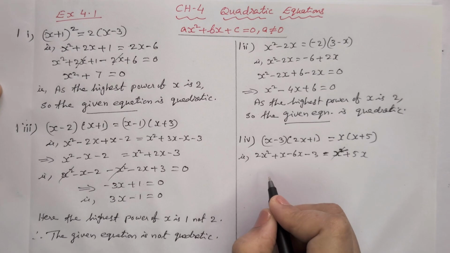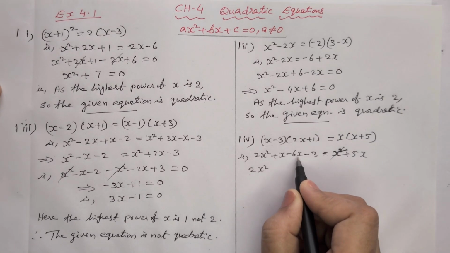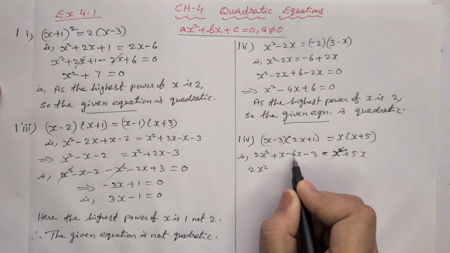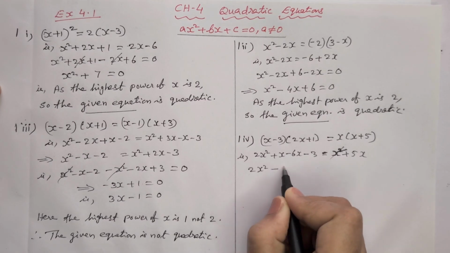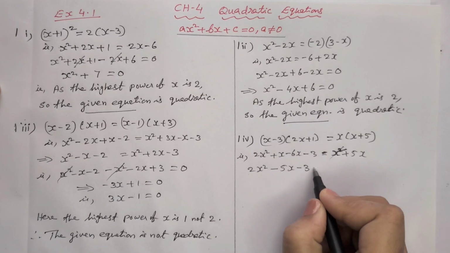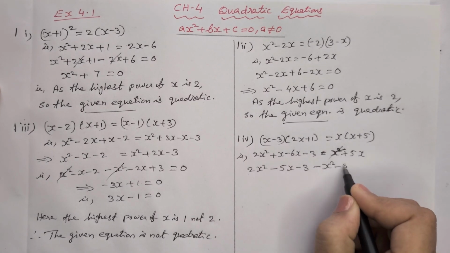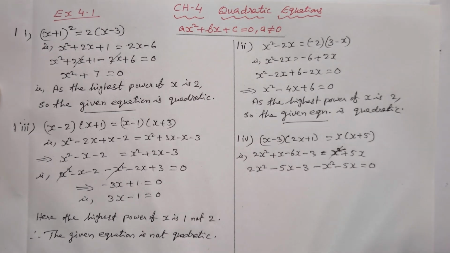Move all the terms to the left. Here 2x square, x minus 6x, we can simplify that as minus 5x. Minus 5x minus 3 on the left side, and when we are moving this to the other side, minus x square minus 5x is equal to 0.